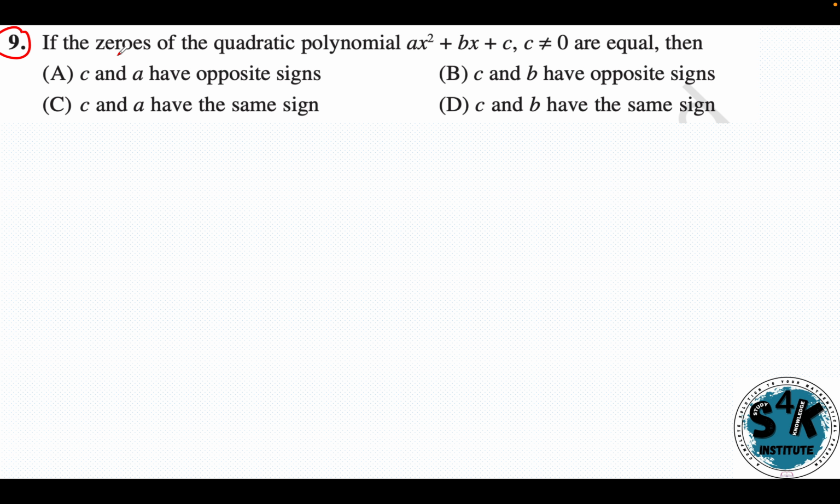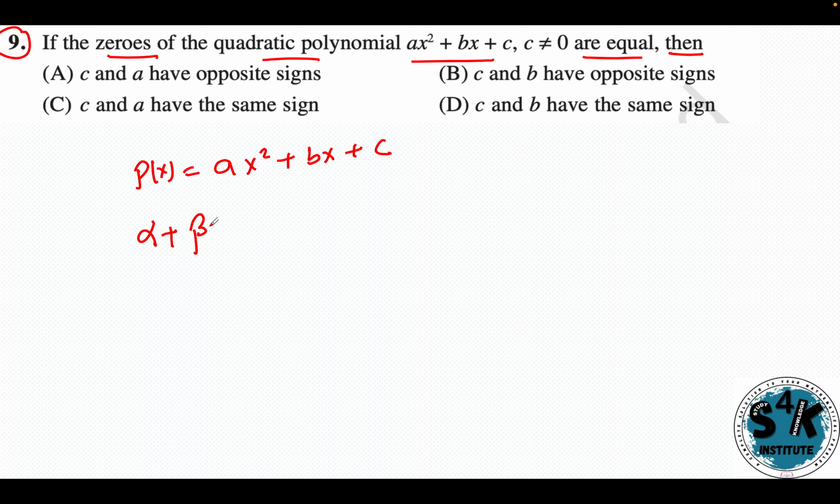Question number 9. If zeros of the quadratic polynomial are equal, then. So let's see. Px is equal to ax square plus bx plus c.